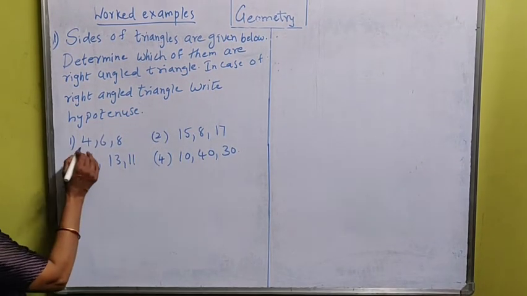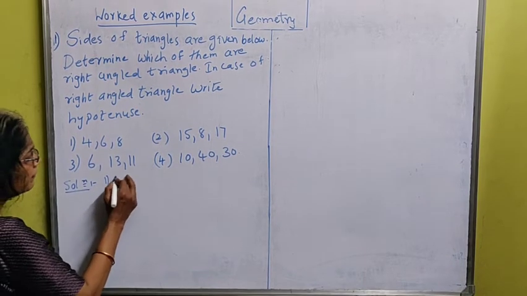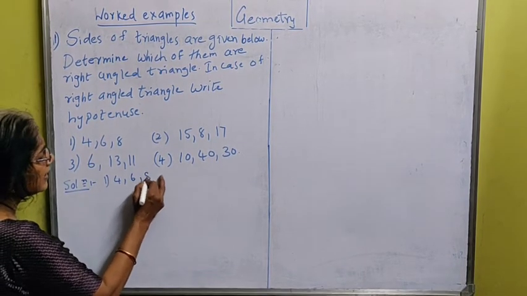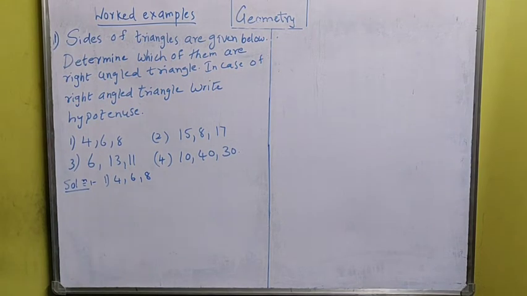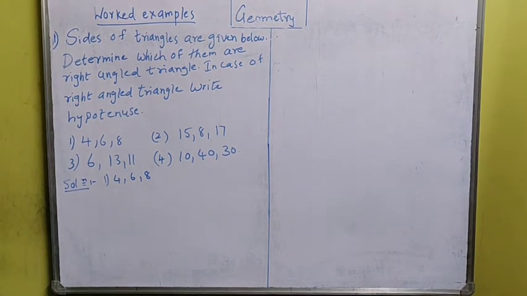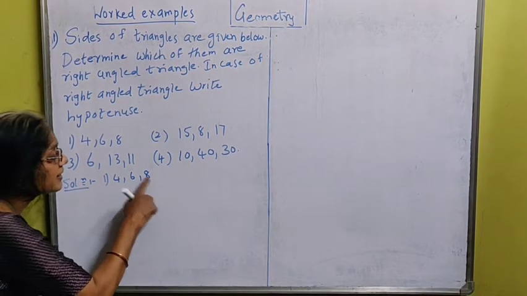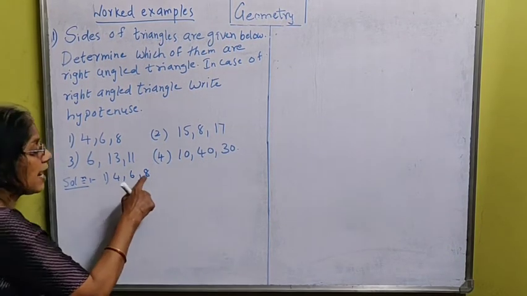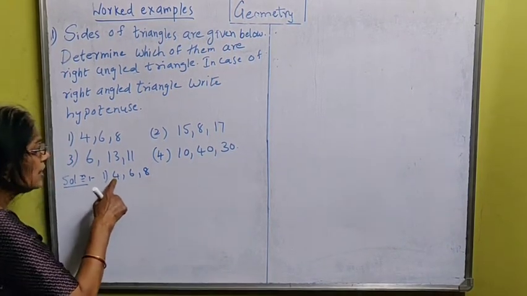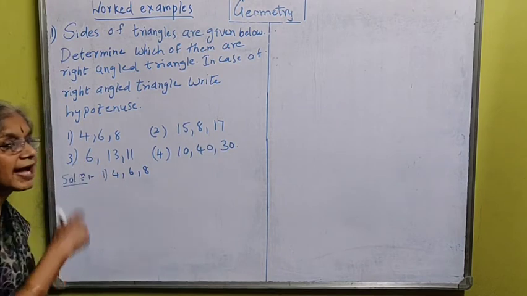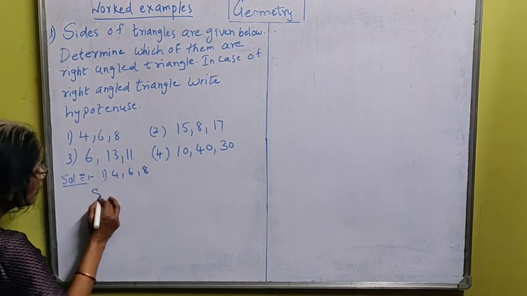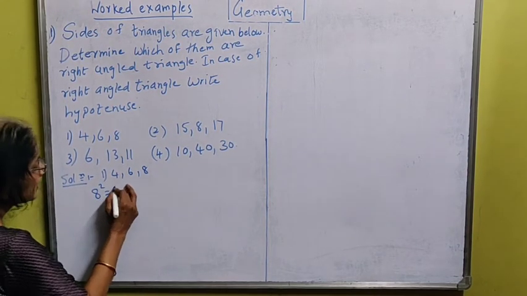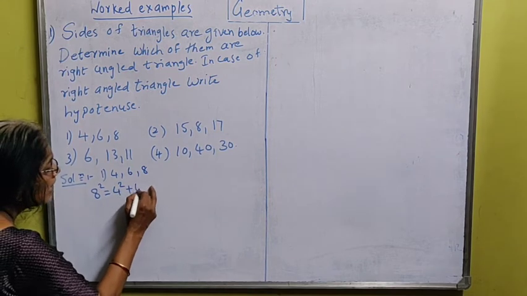So let us take the first sum, 4, 6, 8. Which is the greater number? 8. So 8 is the hypotenuse, which means the square of 8 should be equal to the square of 4 plus the square of 6. So you have to show that 8 square is equal to 4 square plus 6 square.